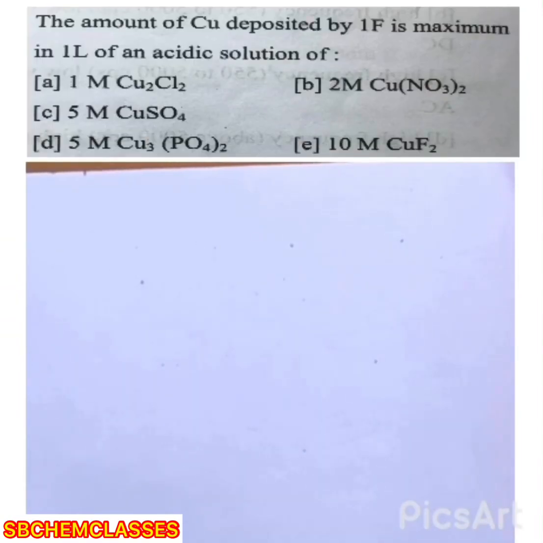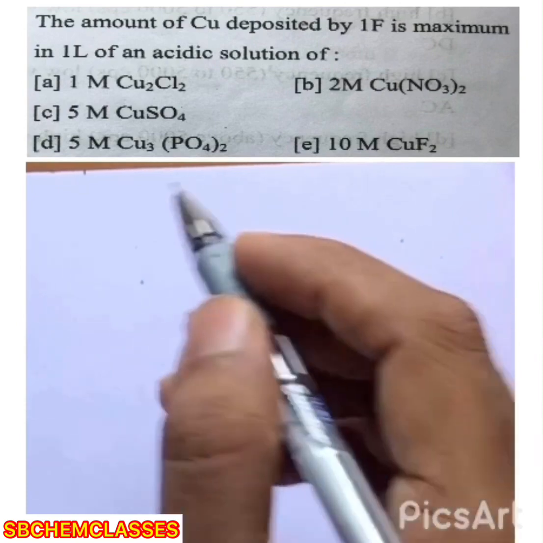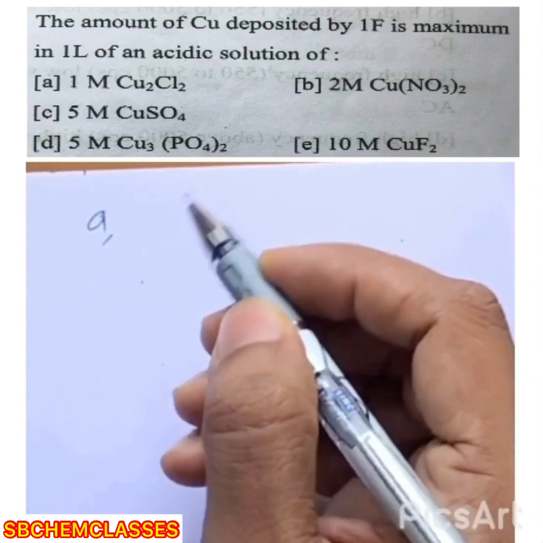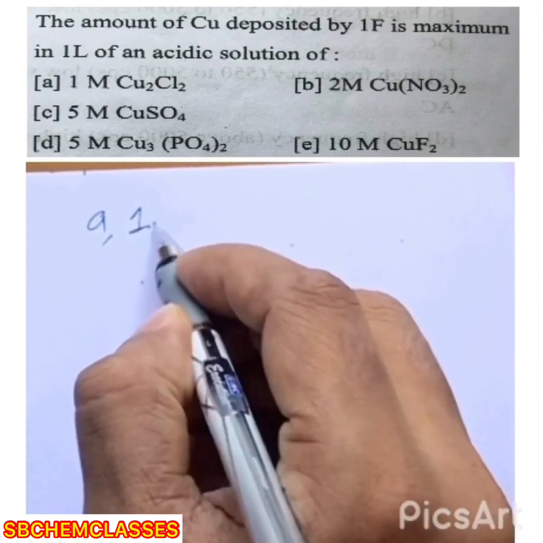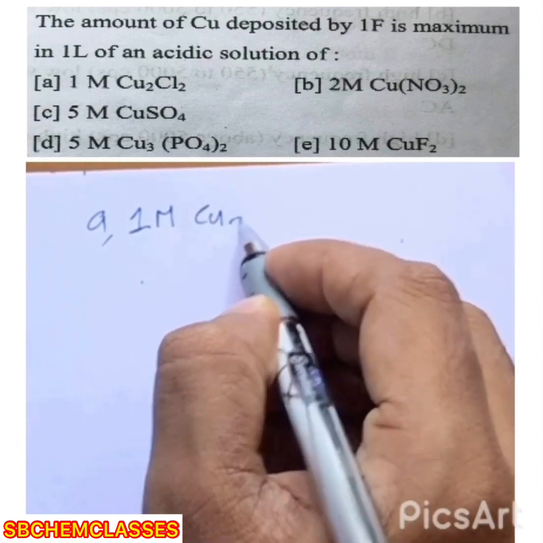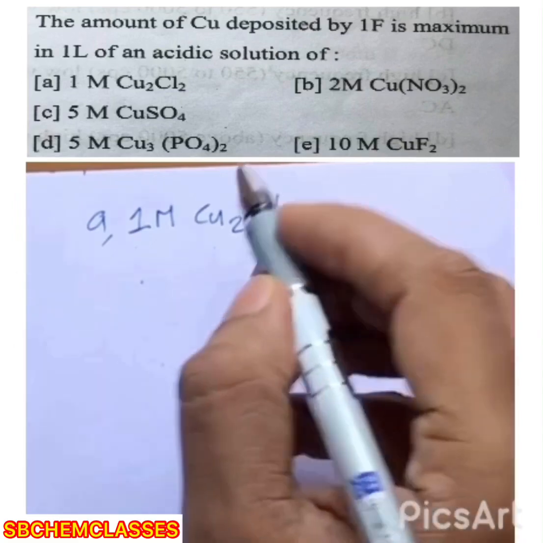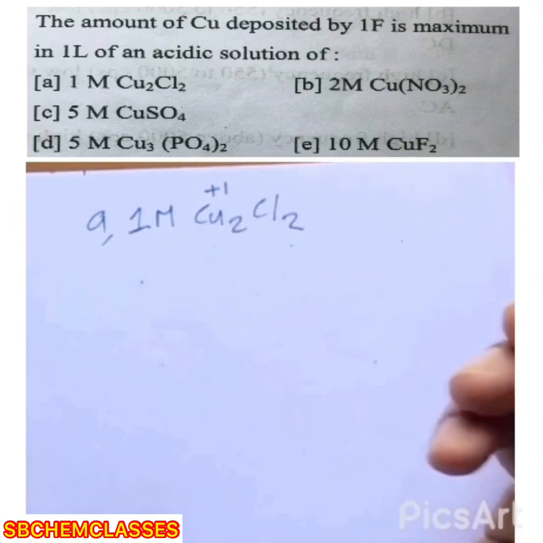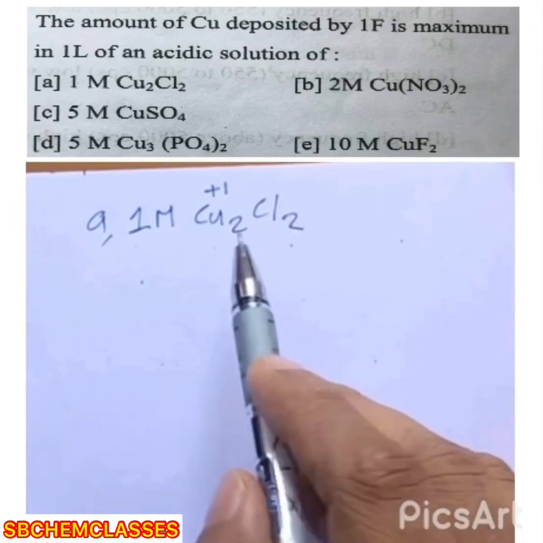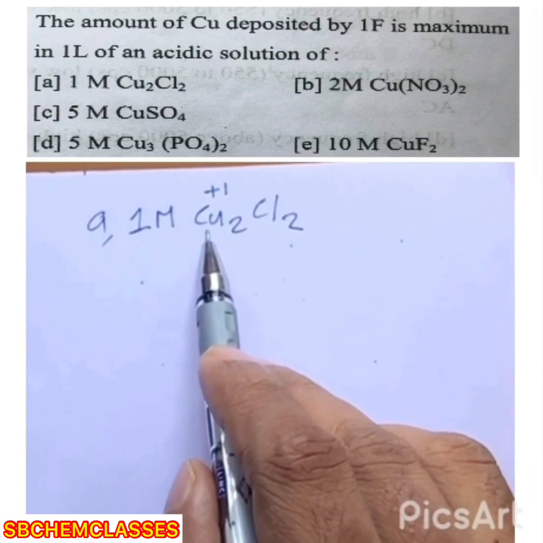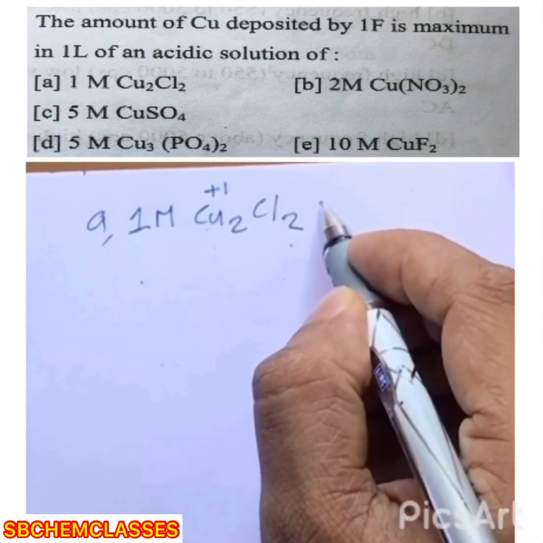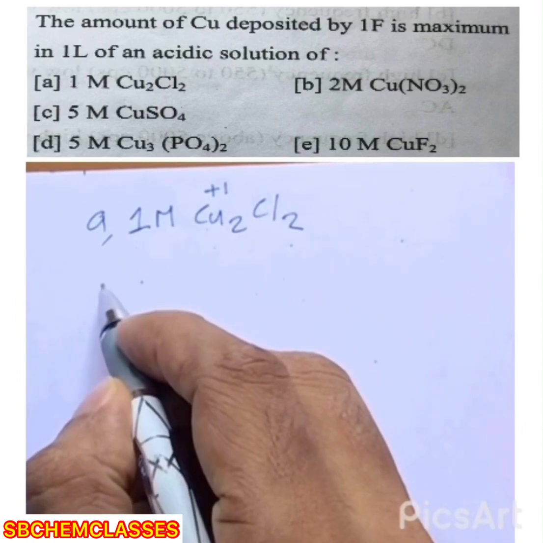The amount of copper deposited by 1 Faraday is maximum in which 1 liter of an acidic solution, and we give some options. In option A, 1 molar Cu2Cl2. In 1 molar Cu2Cl2, copper has a charge +1. So, to transfer 1 mole Cu, 1 Faraday is required.